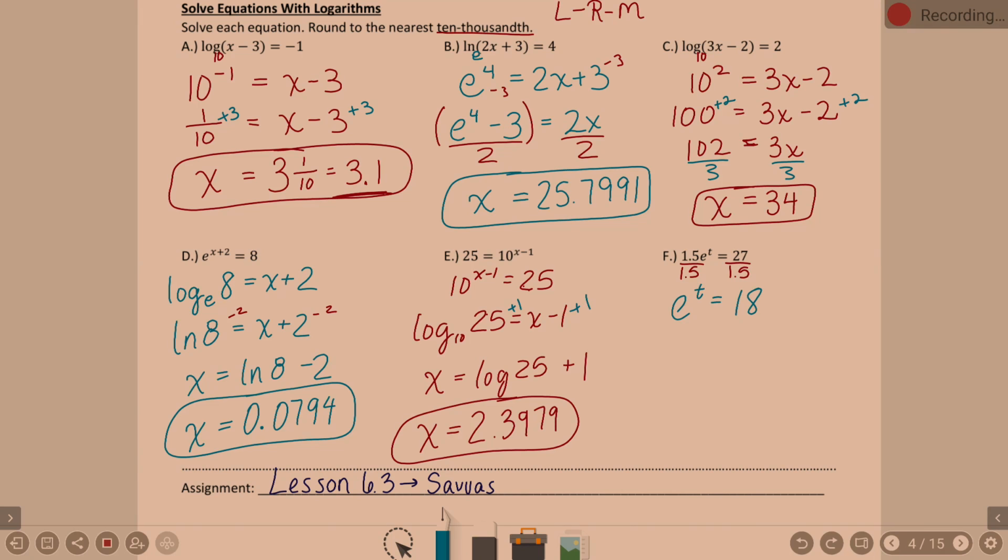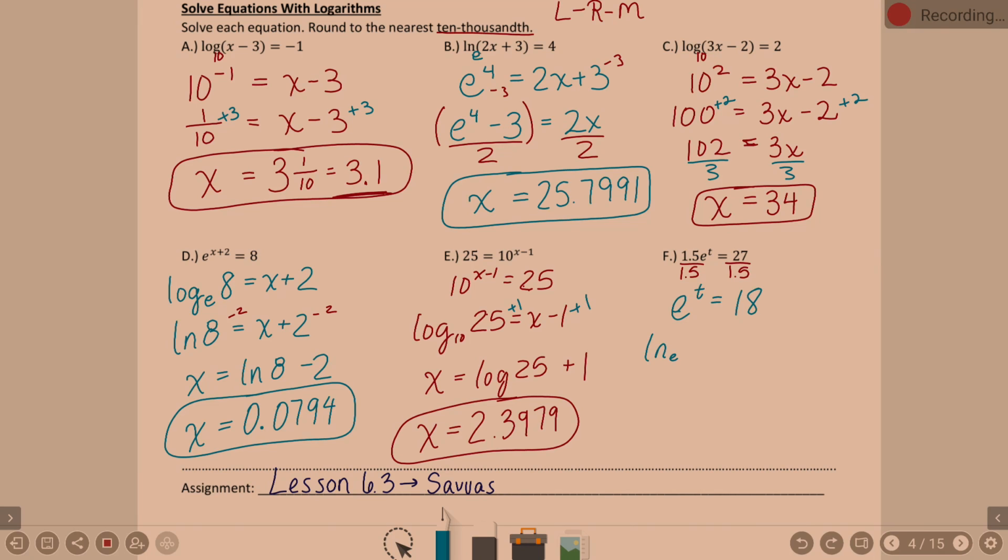So how do we go to log form? Left, right, middle. So this is going to be what? Log base. My e is my base here, so that's going to be my base of the log. So log base e can also be written as natural log, yes? So that's going to be natural log. I'll put the e there just for reference.